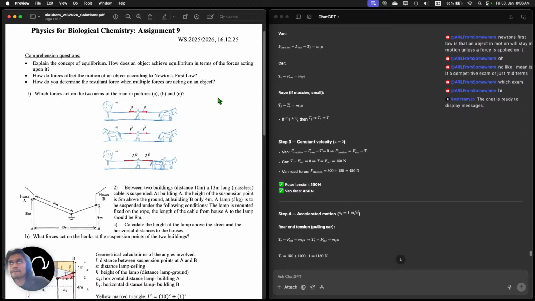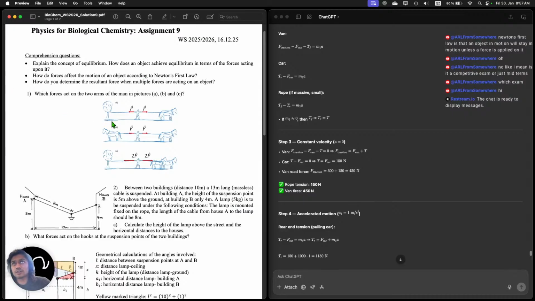According to the first law, the motion of an object is not affected until an external force is applied.